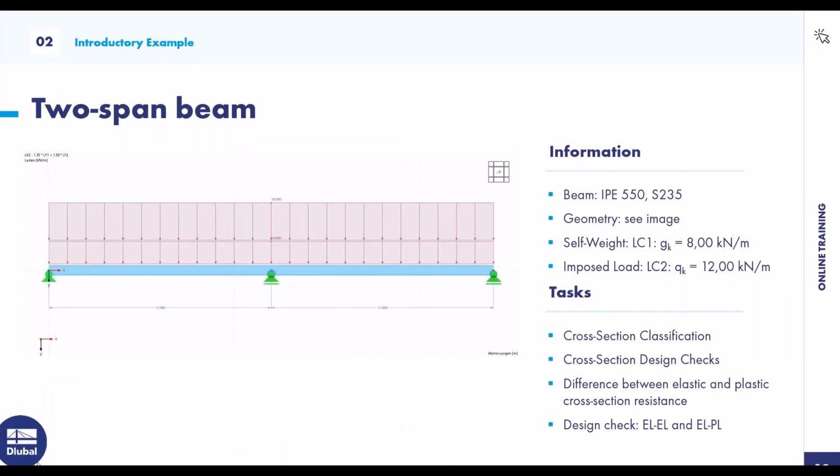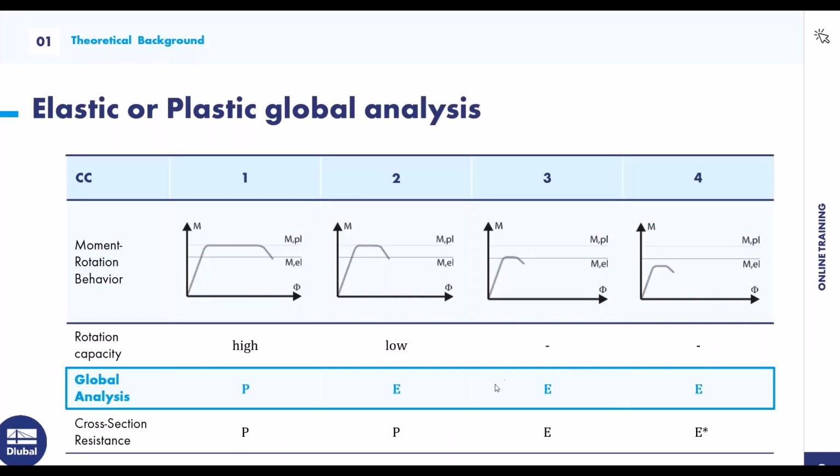So, yeah, for the cross-section classes 1 and 2, you can consider a plastic cross-section resistance. That's what we did in the first step. The program detected that the cross-section is in class 1, and that's why the program did consider the cross-section resistance plastic.